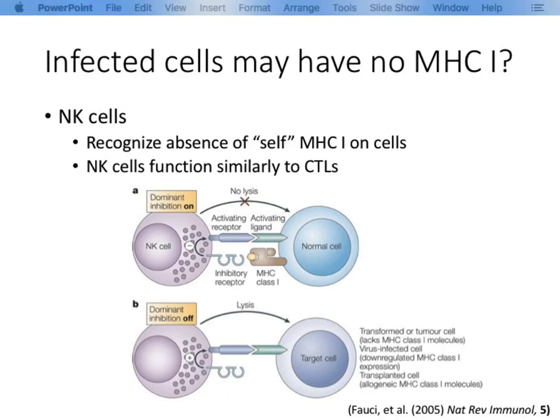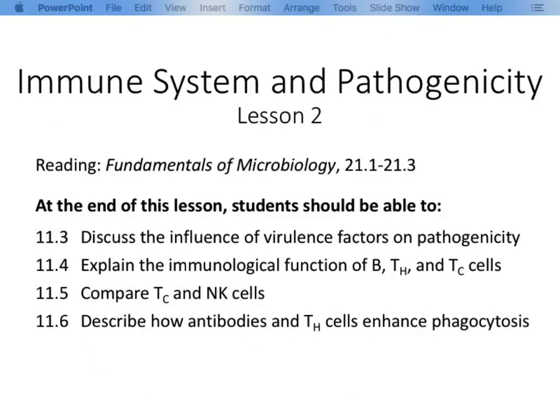But let's just kind of cover the major things we've talked about today. And I want to go back to the objective slide on this one. Just to, again, keep in mind what we're talking about here. We did actually talk about the influence of a virulence factor on pathogenicity. We didn't name it, but we said there are some viruses that prevent MHC1 from being presented. And we talked about the effect of that then on how the immune system would respond with either CTLs or NK cells.